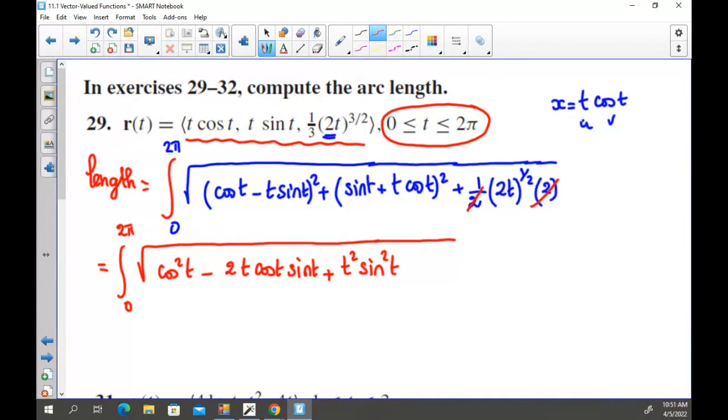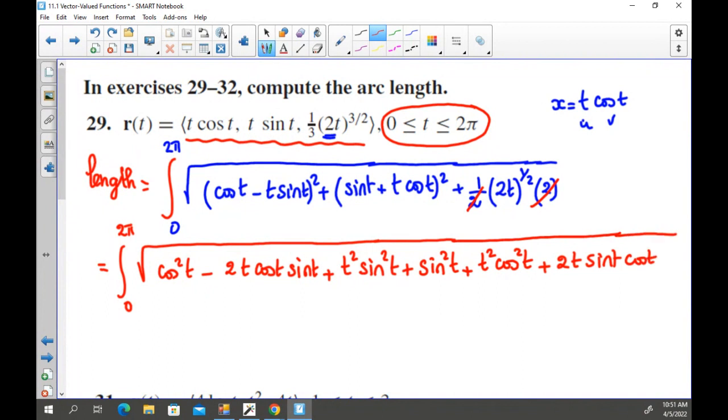Are you okay with this? And then we open the second bracket, which is sine squared plus t squared cosine squared plus 2t sine t cosine t, and finally plus 2t.